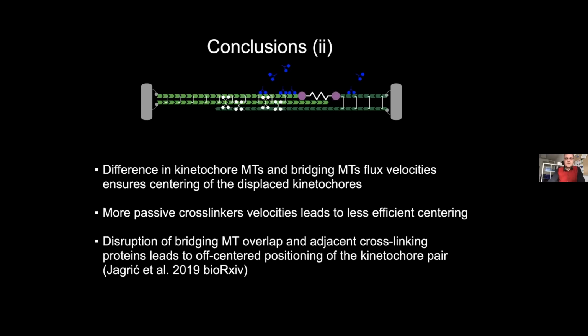I have also shown that more passive cross-linkers lead to less efficient centering, something that is also quite clear from this mechanism. This mechanism relies on the bridging fibers, so if you somehow perturb bridging fibers, you will get less efficient centering, or off-centering, of kinetochores. So here is the end of my second part.